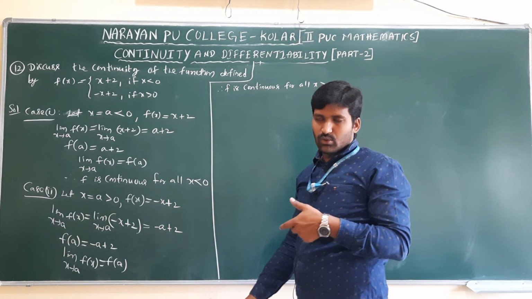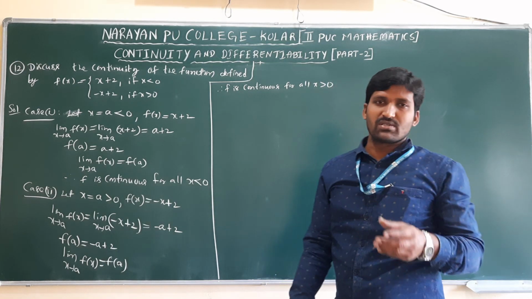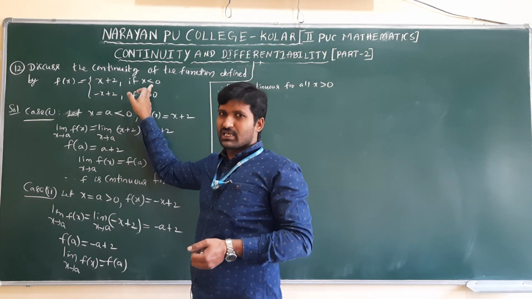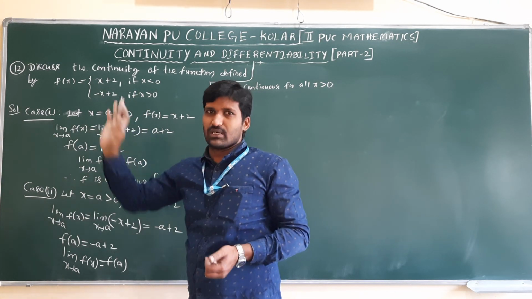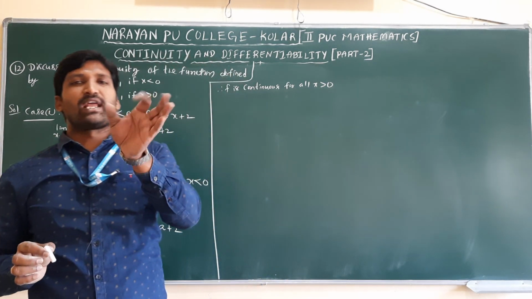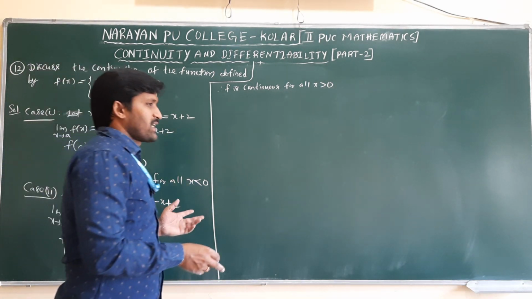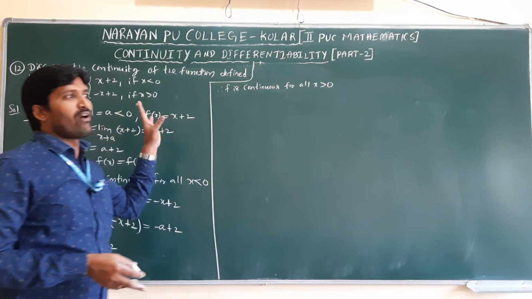Finally, what can we conclude here? f is continuous for all x in the domain. What is the domain? Negative values and positive real numbers, that means non-zero real numbers. It is satisfied for all non-zero real numbers except 0, because at 0 the function is not defined.